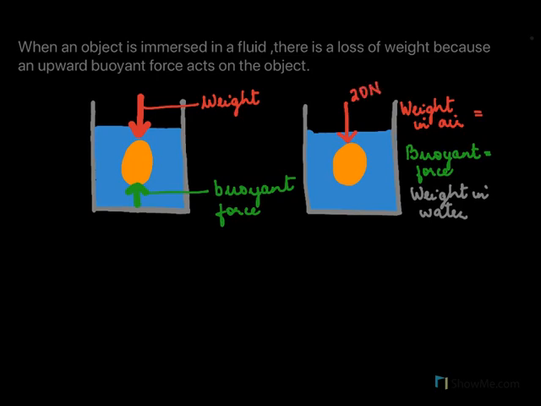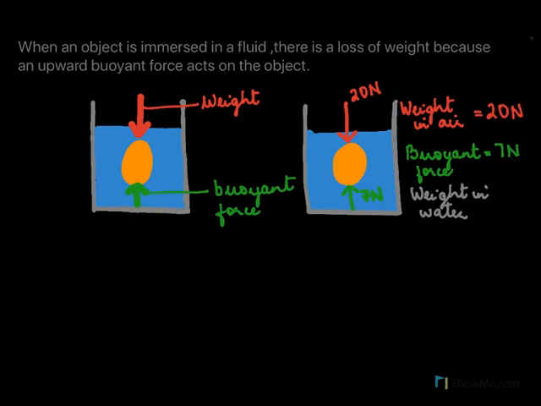There's an upward buoyant force, and this upward buoyant force, maybe it would be 7 newtons. So let's write that out. Weight in air of this object is 20 newtons. The buoyant force is acting upwards, which is 7 newtons.